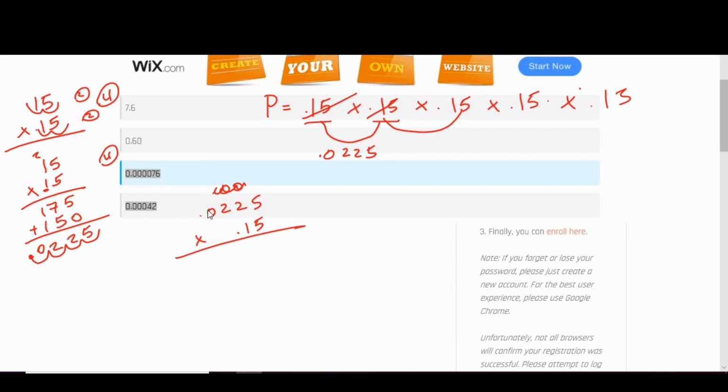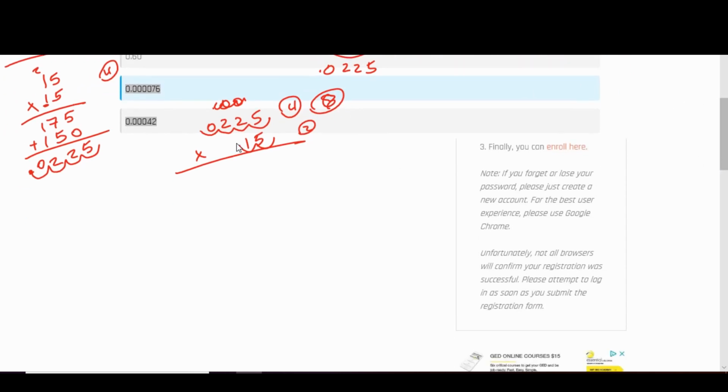Again, we got to shift our decimals accordingly. 1, 2, 3, 4, and 1, 2. So we're going to shift it a total of 6 decimal places at the end. And again, this is going to be 225 times 15, albeit with 6 decimals to shift back in at the end.